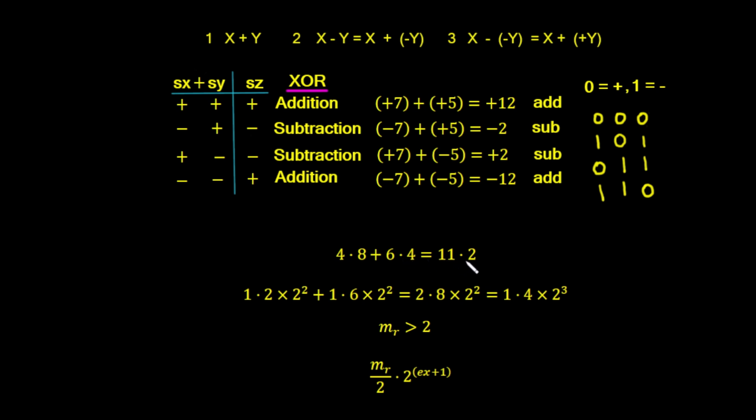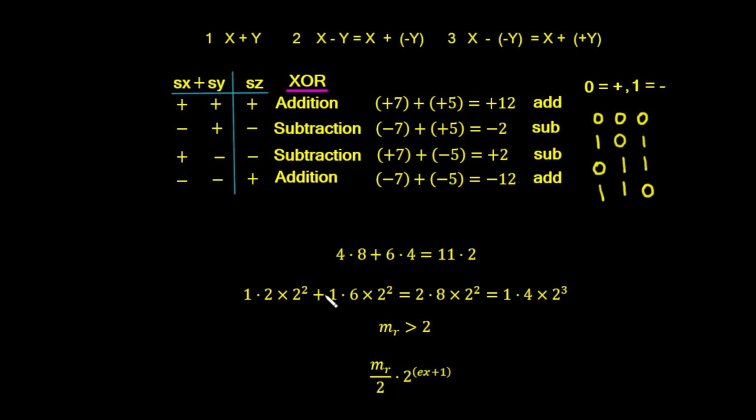This gives us the number 11.2. But we can write this in exponent form as 1.2 times 2 to the power of 2, which gives us 4.8, and 1.6 times 2 to the power of 2, which gives us the number 6.4. But in this instance, we have to keep this number between the value of 1 and the value of 2. It can't be any greater than 2.